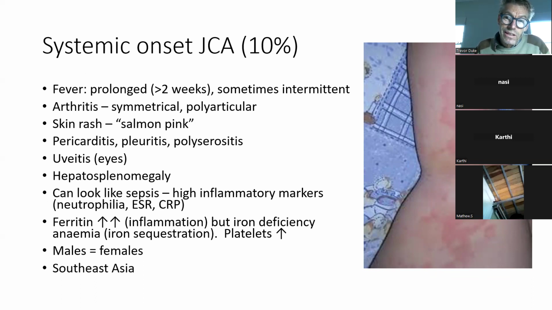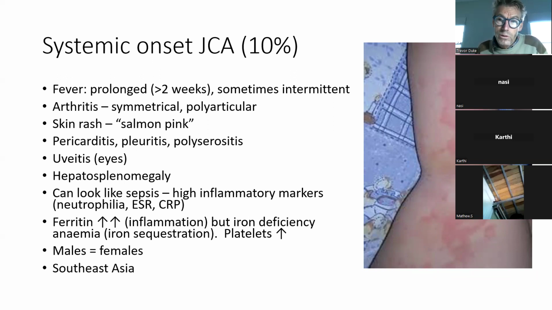Sometimes children with systemic onset JCA have hepatosplenomegaly, and again, this can make it somewhat hard to make a distinction between, say, TB and other systemic conditions like leukemia or systemic lupus erythematosus, but just to know that JCA can present with hepatosplenomegaly as well.